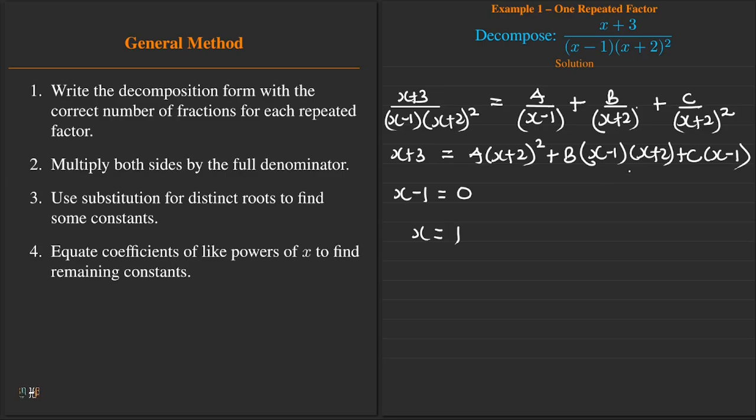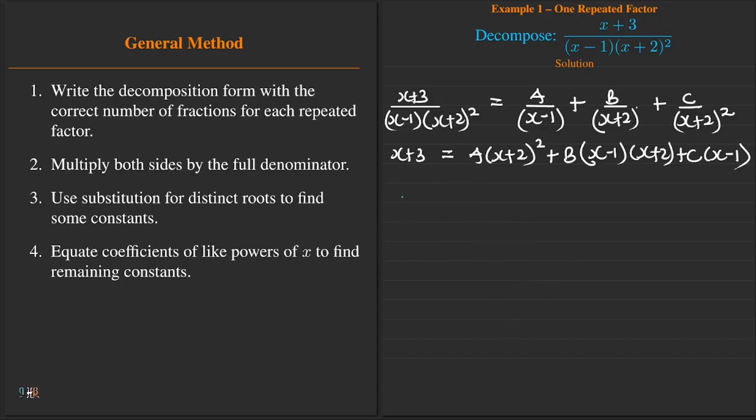Now, if this bracket is 0, it multiplies this to give us 0. 0 multiplies b to also give us 0. And the same thing applies here. We have 1 minus 1, which gives us 0, and the 0 times c will give us 0. So if you're able to substitute x equals 1, we'll get all of this here being 0, but then the a doesn't become 0. You see? So let's do that and see what is going to happen.